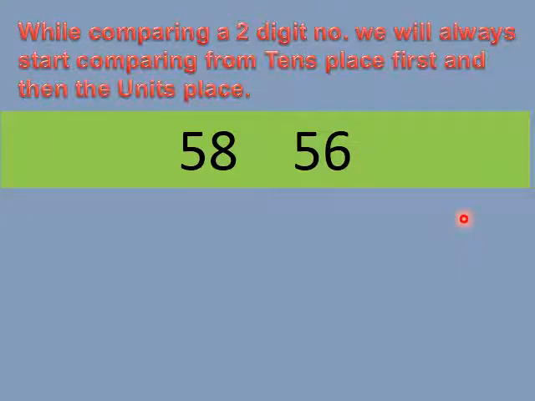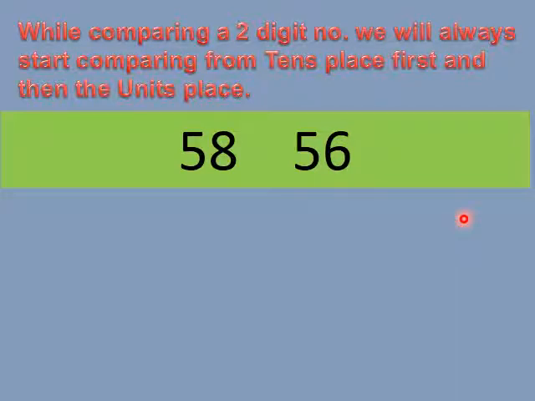Children, now you can see two numbers on the screen, 58 and 56. Let us find out which one is the bigger number and which one is the smaller number. So as I said earlier, in a two-digit number, we will always start comparing from the tens place and then we will move on to the units place.